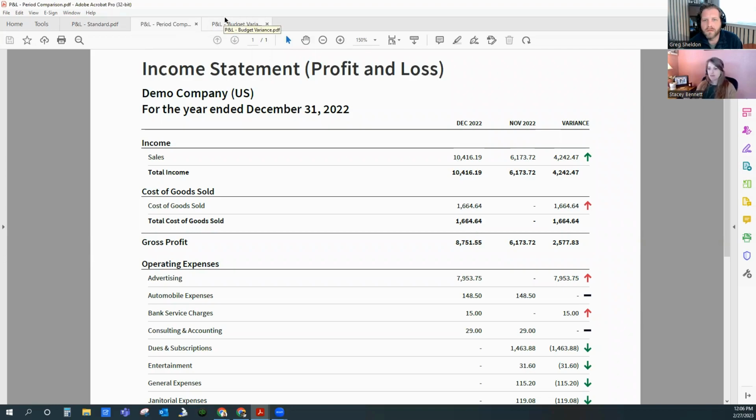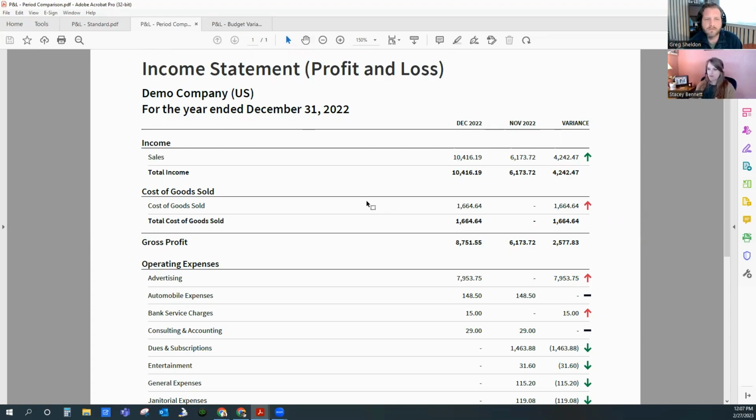So that's your period comparison. When I send statements to my clients, typically what the profit and loss looks like is I have this month and the last month, the year that I'm doing the books for, then year to date, as well as last year this month and then last year to date. That allows me to compare how we are doing this year compared to last year.